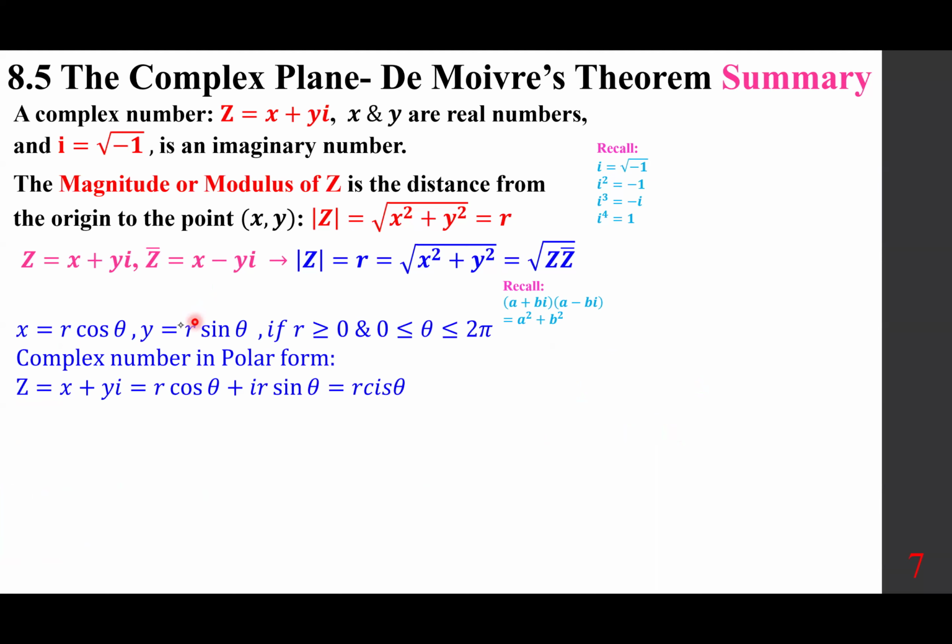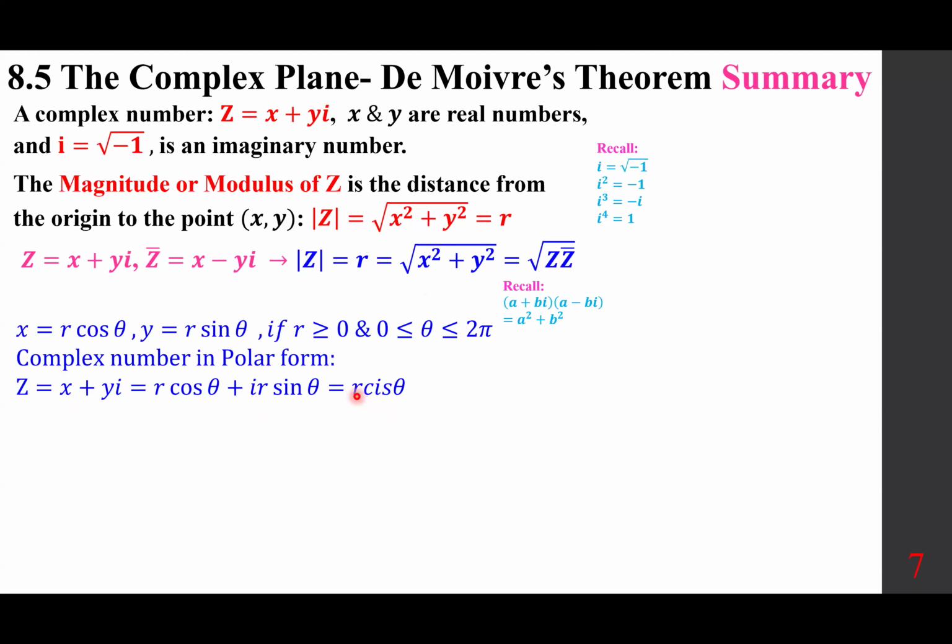So x is r cosine theta, y equals r sine theta, nothing brand new. r is greater than or equal to 0, and theta is normally between 0 and 2 pi. Complex number in polar form: z equals x plus yi. If we want to go with the polar form, we replace the x and the y, and we get r cosine theta plus i r sine theta. This is a shorthand notation, r cis theta.